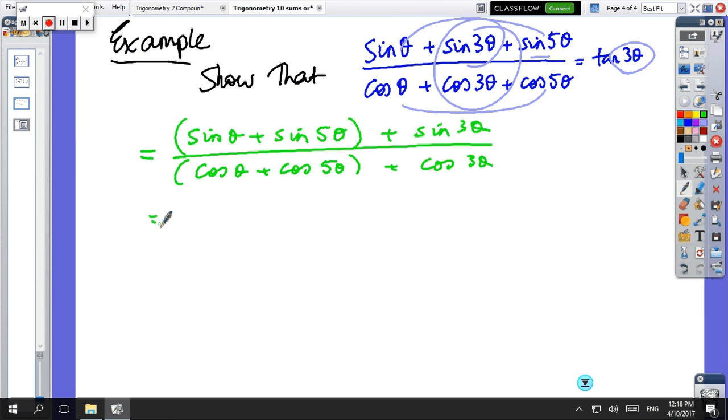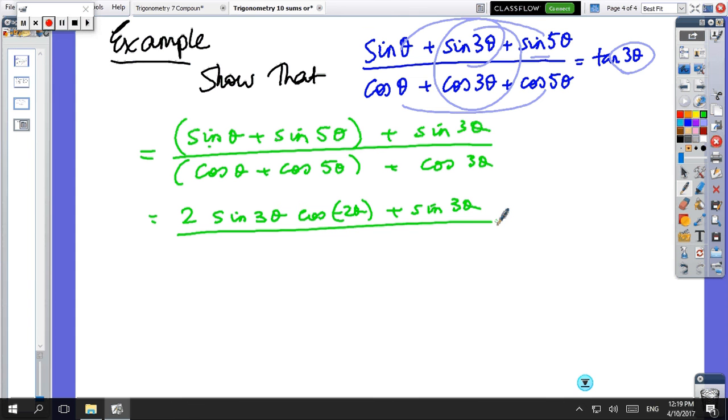And now we use our stuff that we've just been doing. When you've got sine plus sine, you end up with 2 sine 3 theta, because we had to add them and divide by 2, and cos of subtract them and divide by 2, which would be minus 2 theta, which I'll come back to in a sec, plus sine 3 theta.